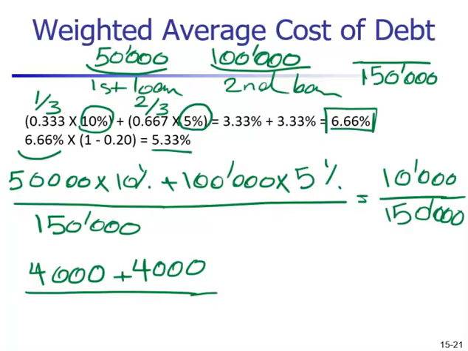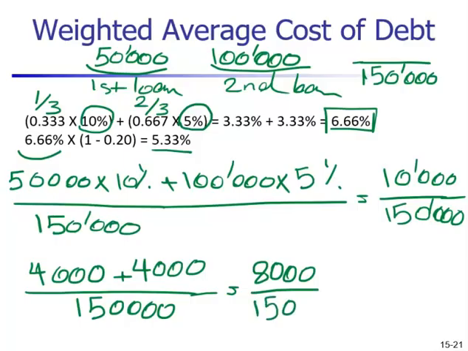And how much is the total amount of loan? So the real rate of interest is 8,000, the real amount we paid, over 150,000.